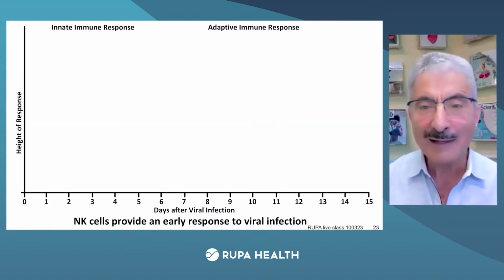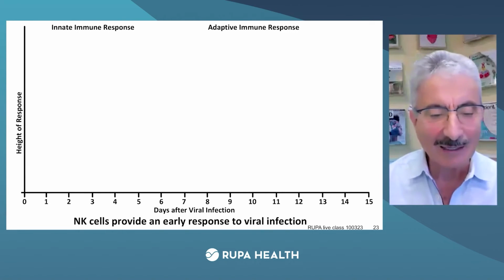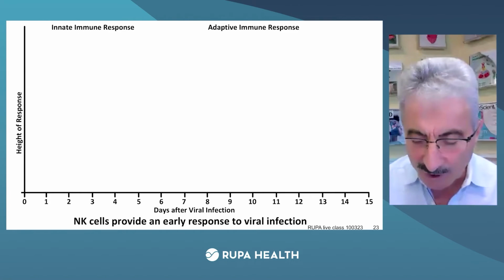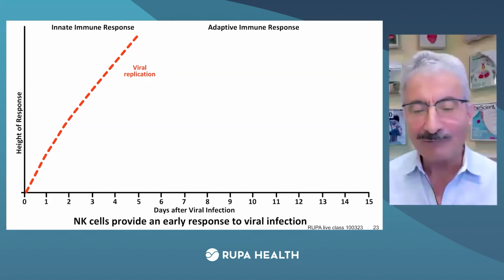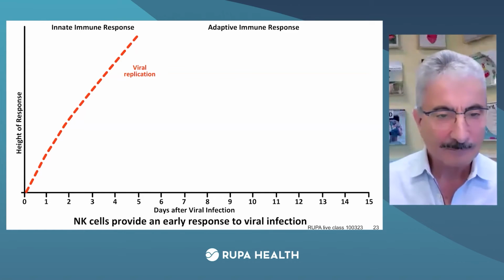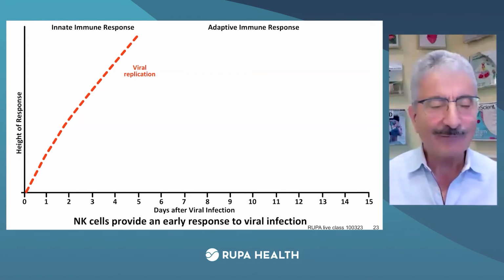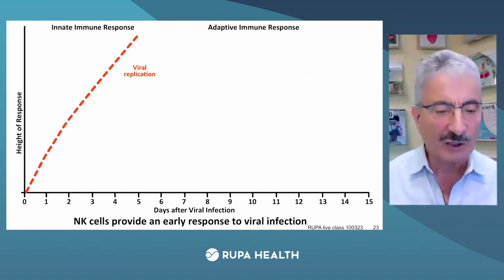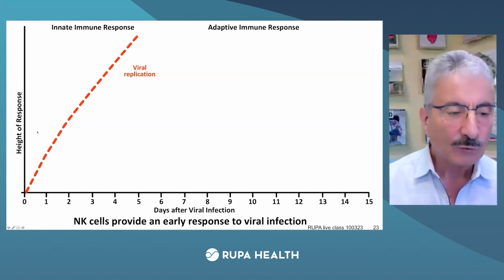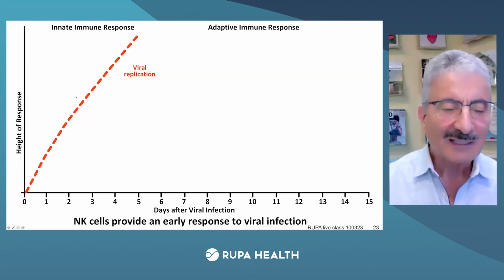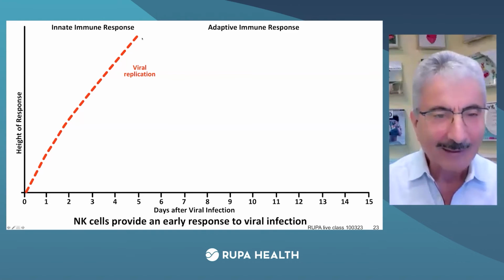So now let's summarize the importance of NK cell subpopulations in protection against viral replication. When the virus gets into our body, if the immune system is not functioning, the virus is going to replicate exponentially, logarithmically.